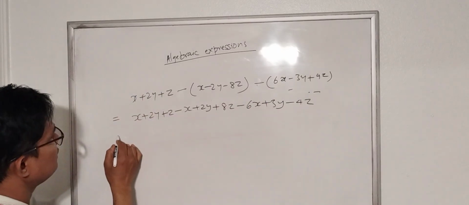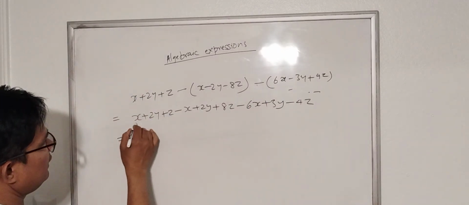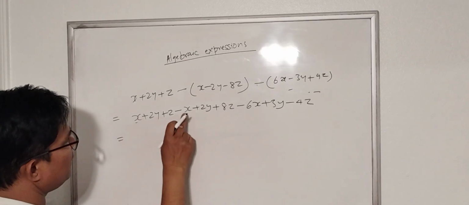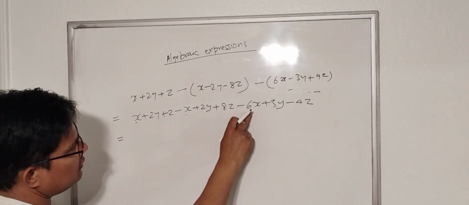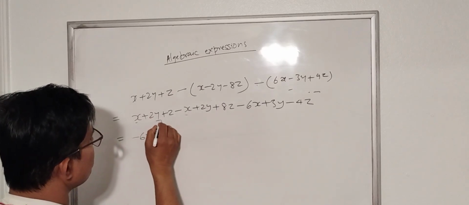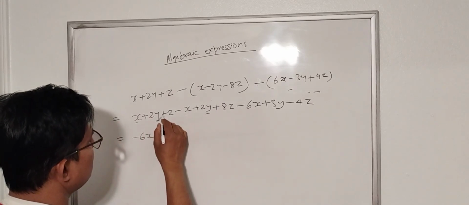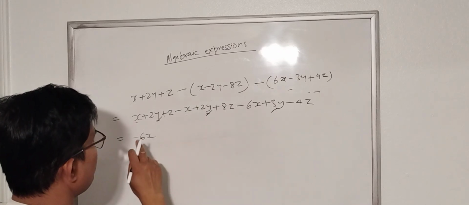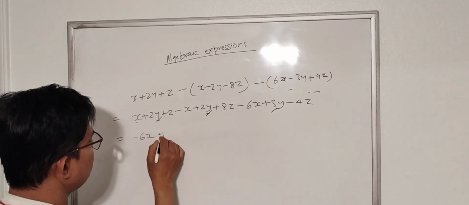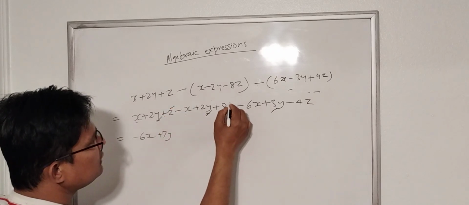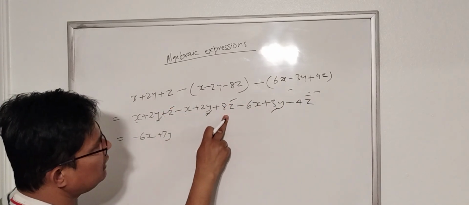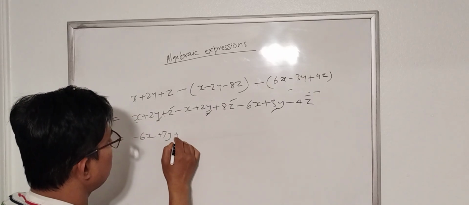Okay. So now x: this x and this plus 1 minus 1 is 0, and 0 minus 6 is minus 6x. Y here: 2y plus 2y is 4y, plus 3y is 7y. z: 1 plus 8 is 9, minus 4 is 5z.